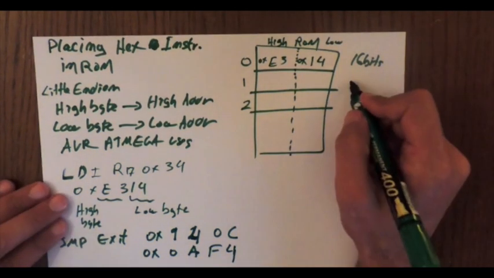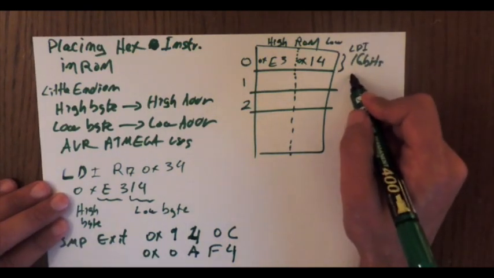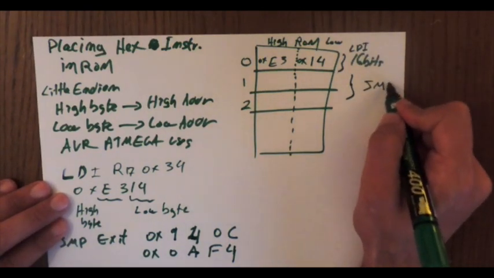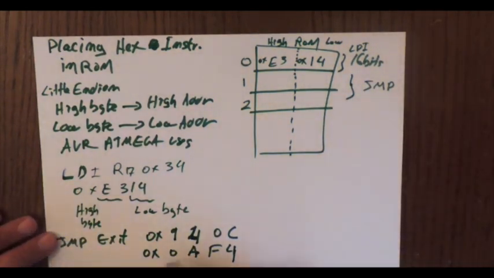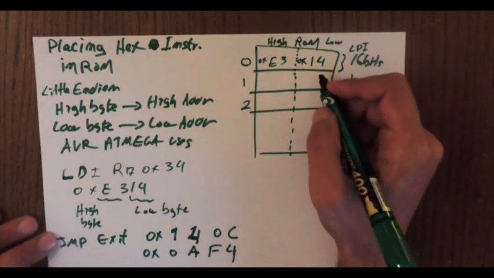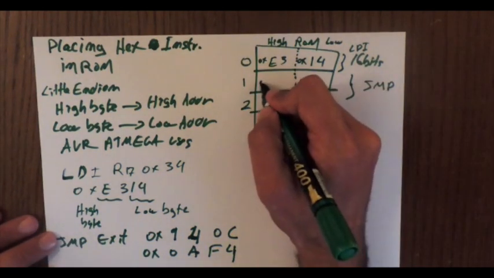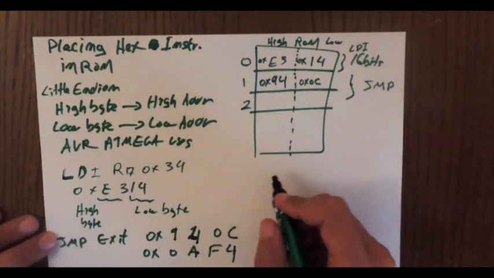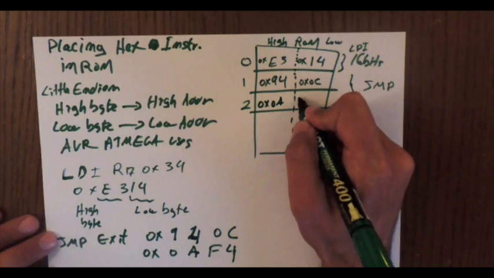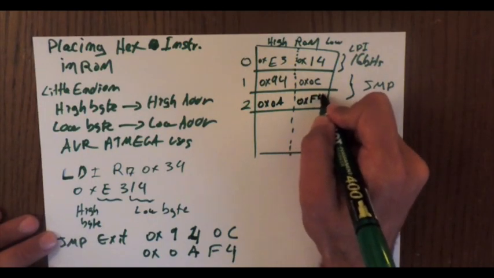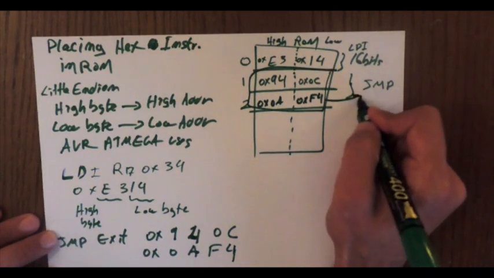So this is just LDI. Now if I want to have the jump, it's going to occupy both 1 and 2. So I write first the low byte, it's going to be 0x0C, and here we have 0x94, and the next one will be 0x0A, 0xF4.